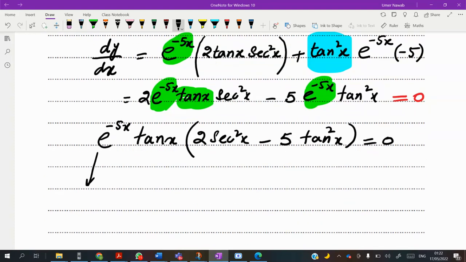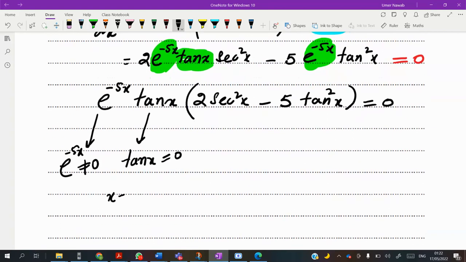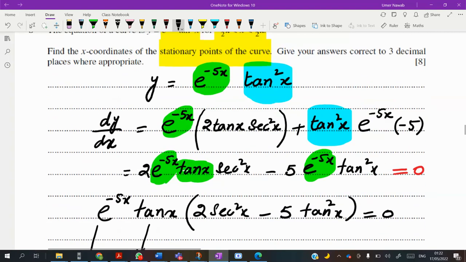Remember from my last video and in my explanations, the exponential function can never be 0. So ignore it. Now tan of x is equal to 0 where? Maybe 0, maybe pi, maybe 2 pi. Did he include them?